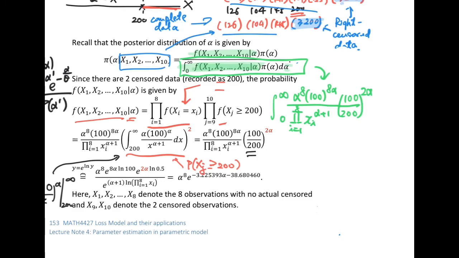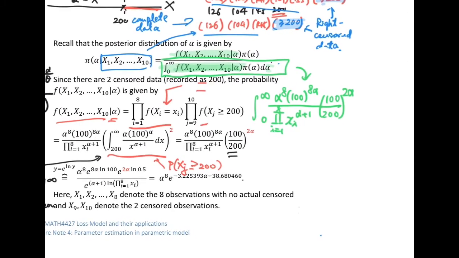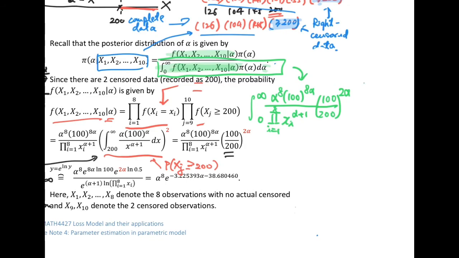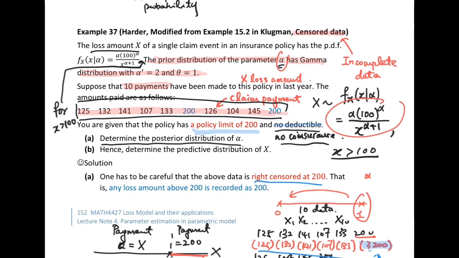And then you also get your gamma function, this one. That's tiring. Of course here you can punch in the alpha prime and theta, where alpha prime is equal to 2 and theta equal to 1.